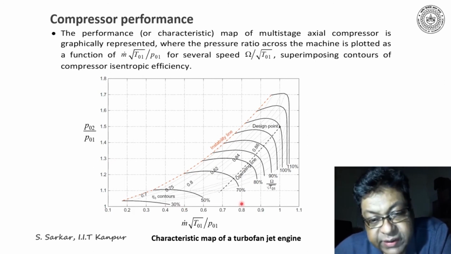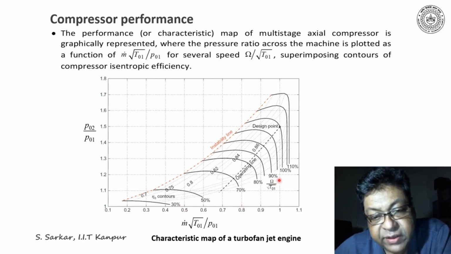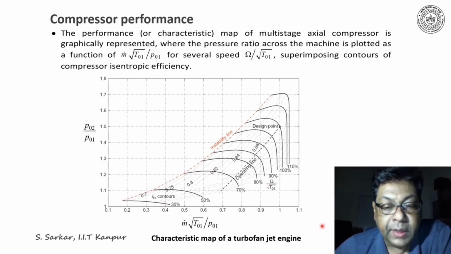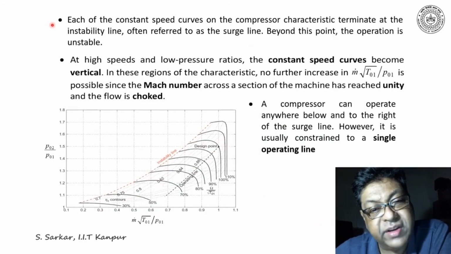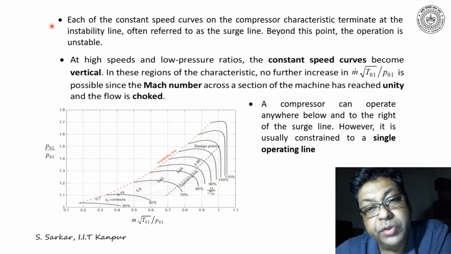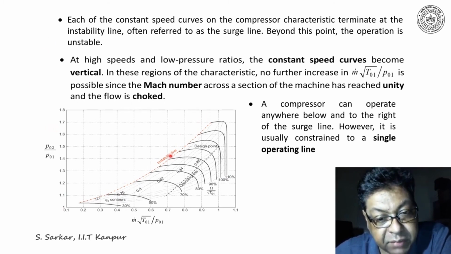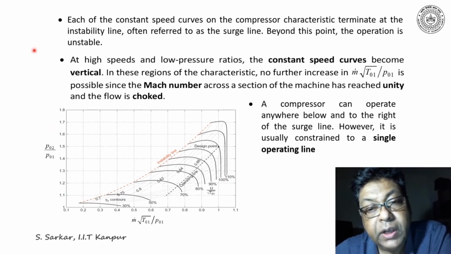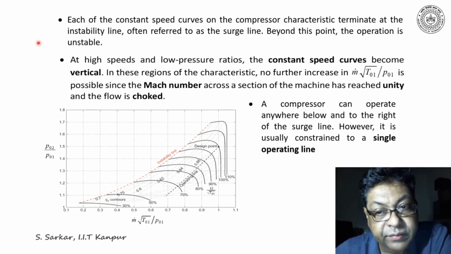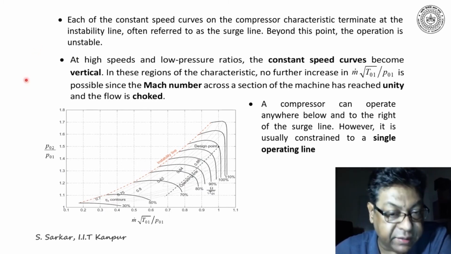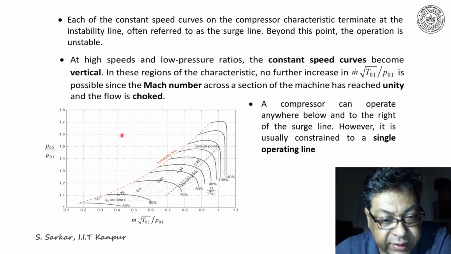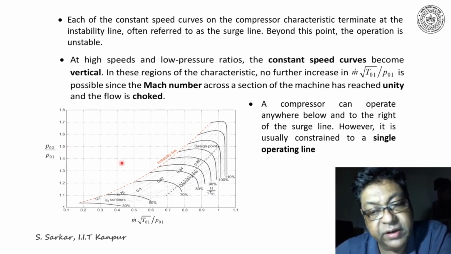So look, these are the characteristics as speed increases. Each of the constant speed curves on the compressor characteristics terminates at the instability line, often referred to as the surge line, which has been indicated by red. Beyond this point, the operation is unstable. Suppose we are in this region, the operation is not stable.